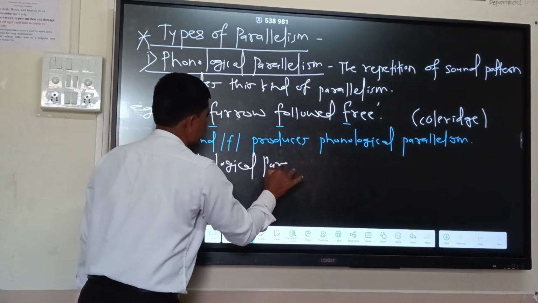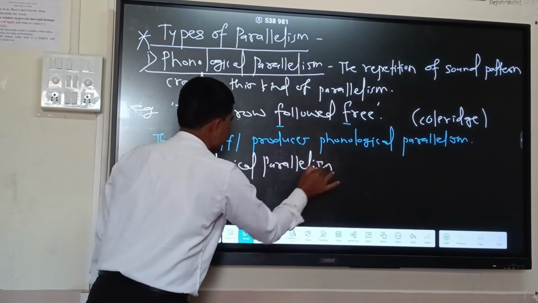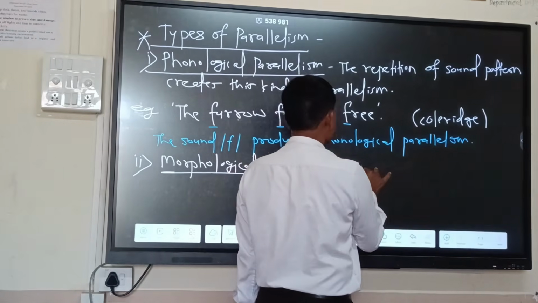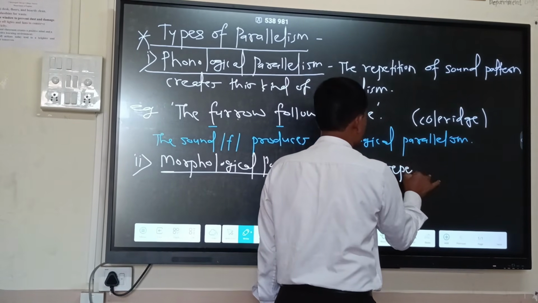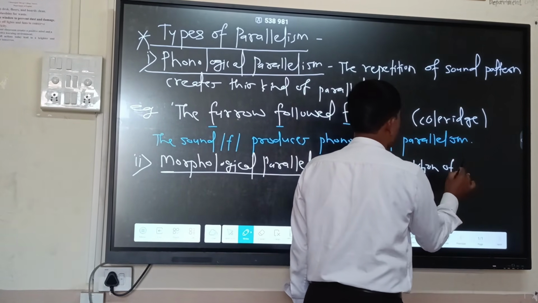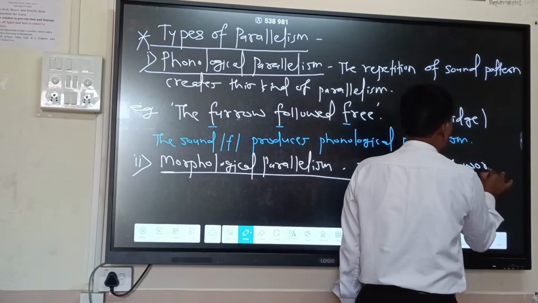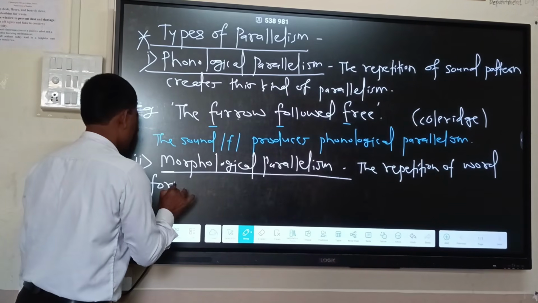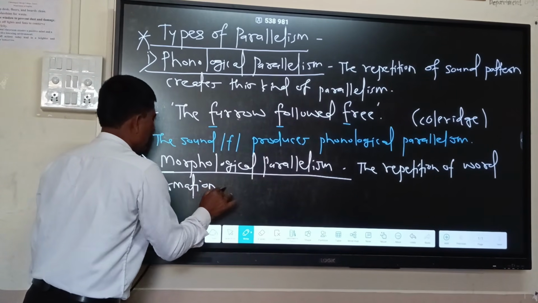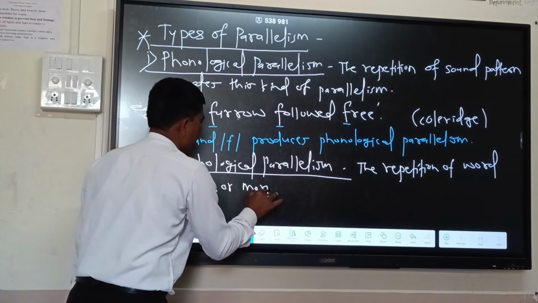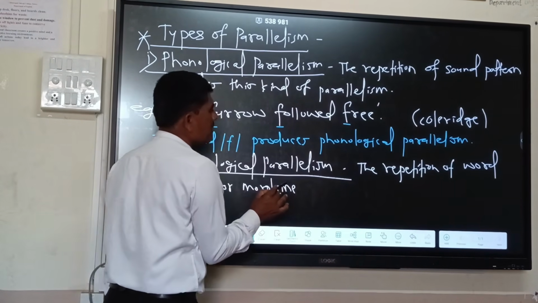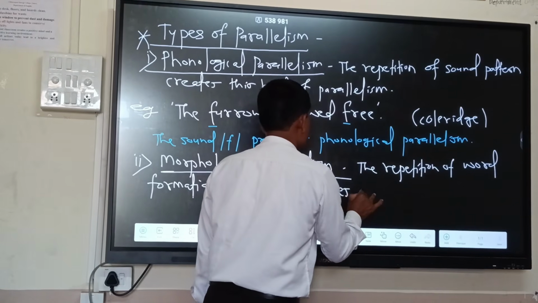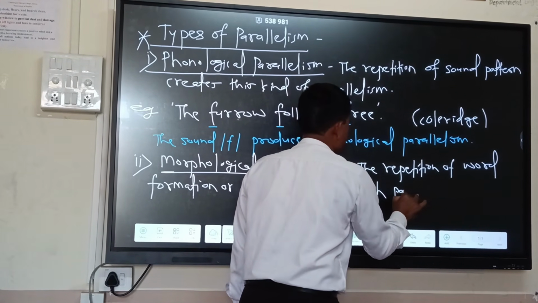Morphological parallelism means the repetition of word formation process or morpheme creates such parallelism.